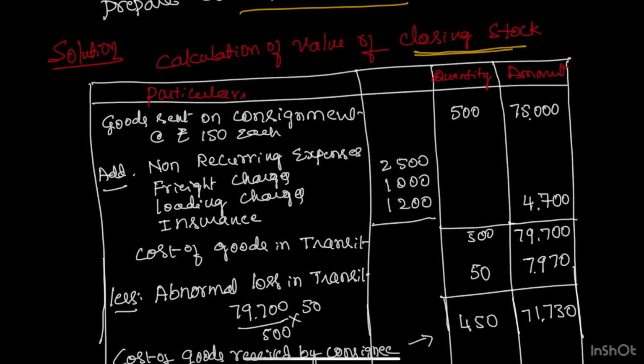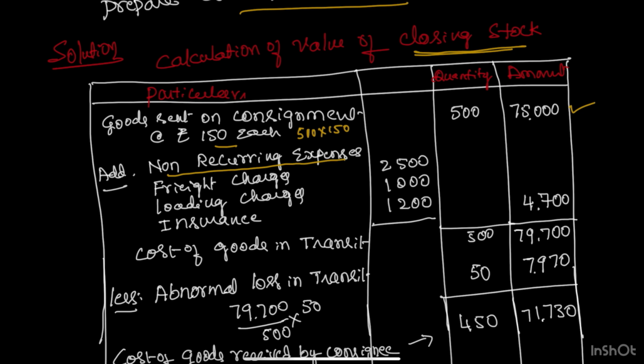Goods sent on consignment at rupees 150 each, that's 500 into 150, becomes 75,000. For that, we have to add non-recurring expenses, not the regular routine expenses like rent paid, salary paid, office expenses, advertisement.